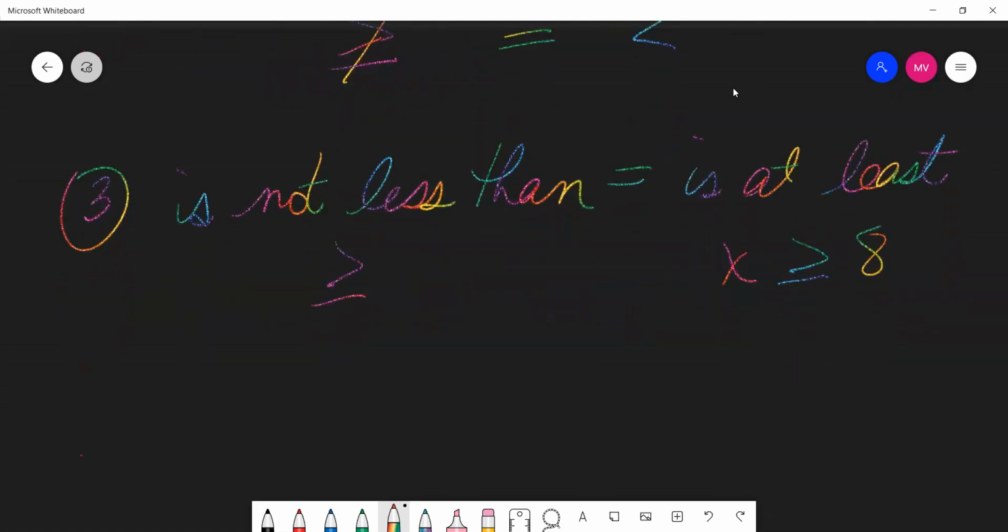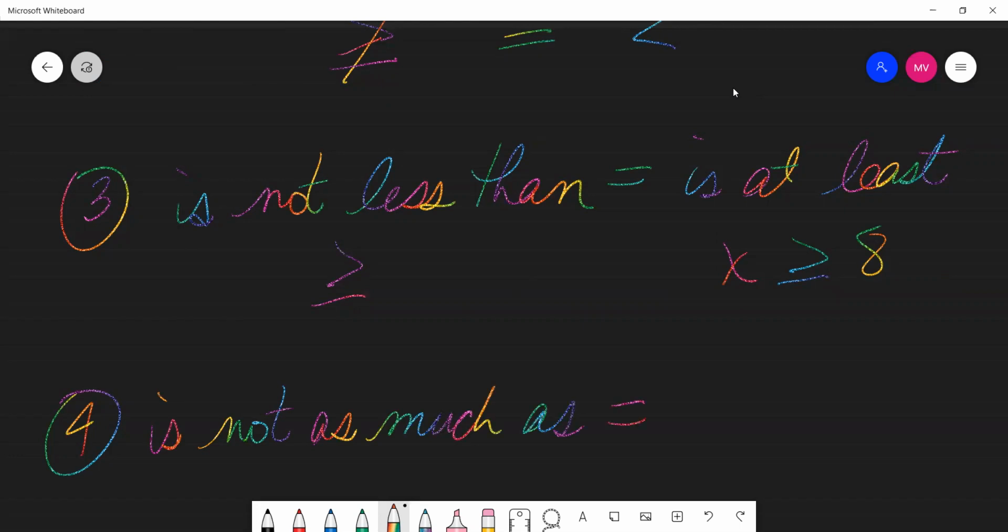Okay, last one. "Is not as much as" is equal to what phrase? So "is not as much as" means "is less than."